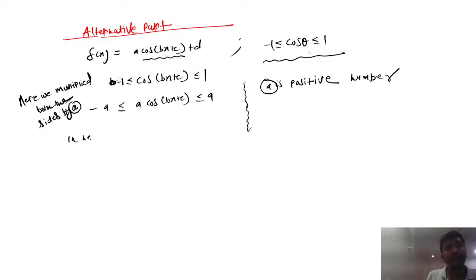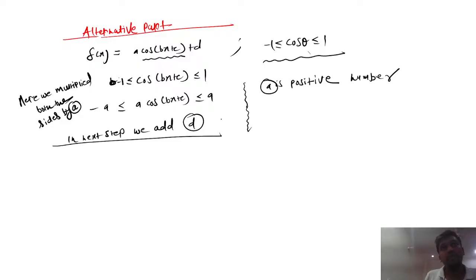In the next step, we add d to both sides. Okay, and you should tell here. So what did we obtain? Can anyone tell me? minus a plus d less than or equal to a cos(bx + c) plus d less than or equal to a plus d.